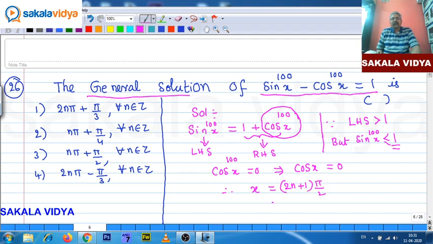Opening the brackets, 2n into pi by 2, the 2 gets cancelled, we have n pi plus pi by 2, for every n belongs to Z. Which is the right option? Yes, the third option is the right option. Absolutely correct, Madhuri.